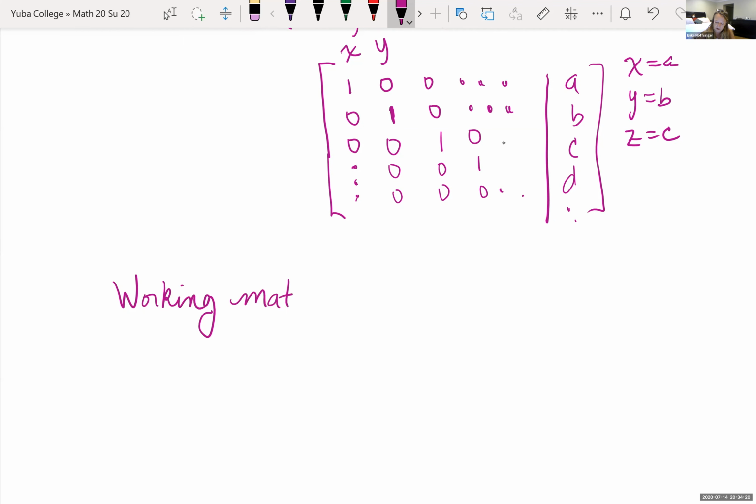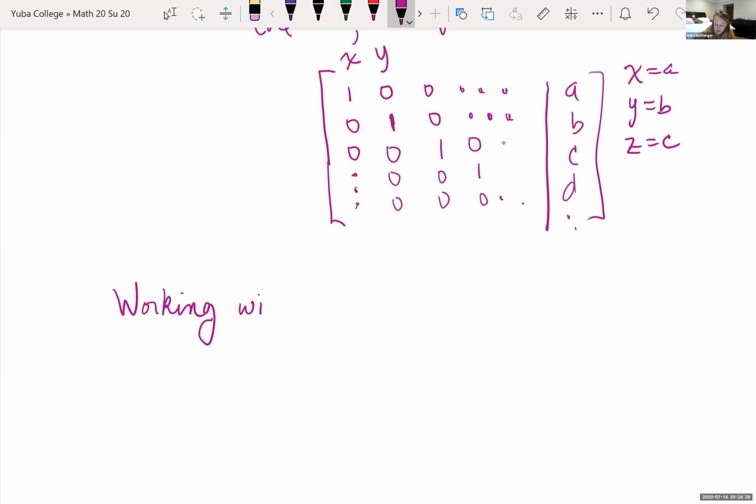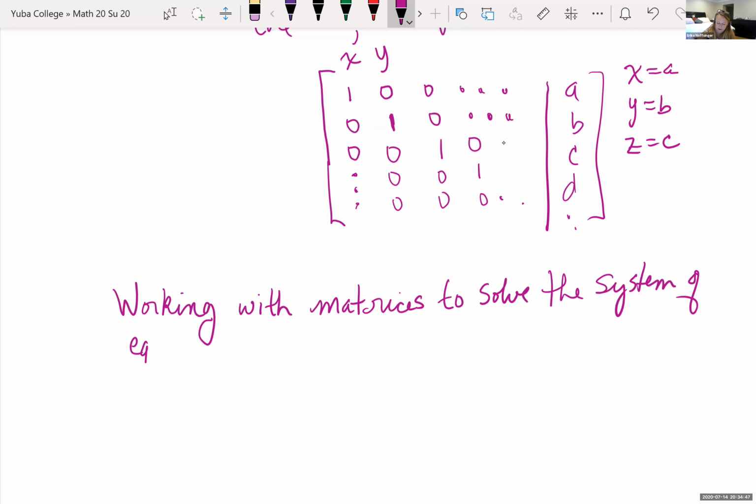So working with matrices to solve a system of equations, always work column to column.